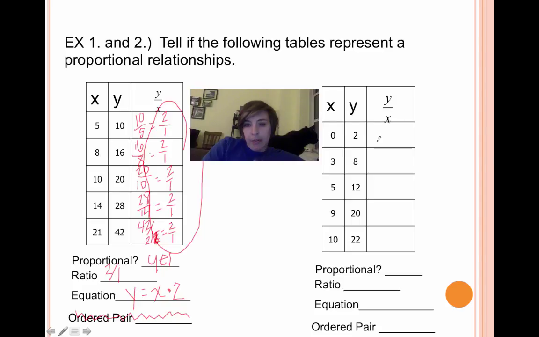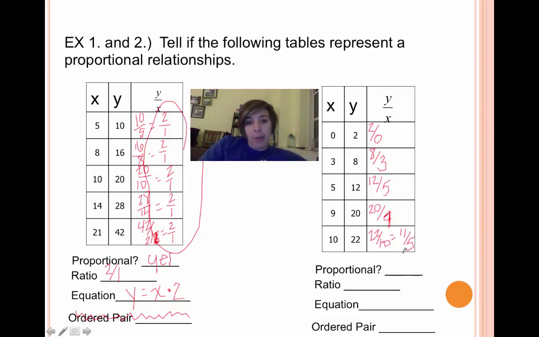All right, over here, let's write our proportional relationships. Let's see if this is a proportional graph. 2 over 0, we can't simplify that. 8 over 3, that can't be simplified. 12 over 5, again, can't be simplified down any farther. 20 over 9, nope, that is a 9. 22 over 10 can be simplified to 11 over 5.